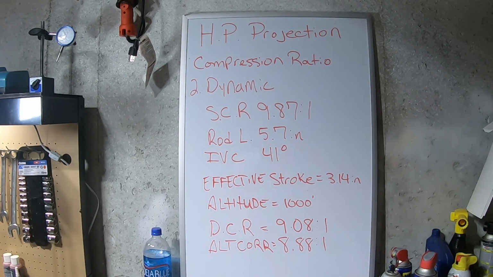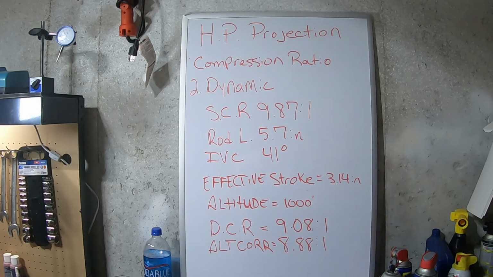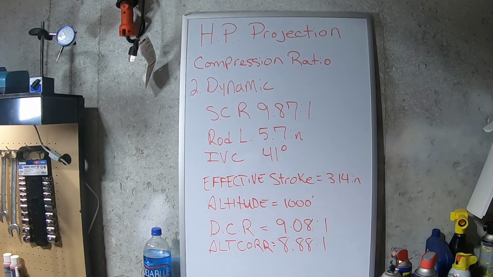but the ones that I've looked at, it seems to be an average of about 41 degrees of duration for the IVC point. So for 41 degrees as the cam is rotating, the intake valve is still open as the piston is coming up. Now you calculate all that together, and again, you do it with a calculator online because the math is involved. The effective stroke is only 3.14 inches.